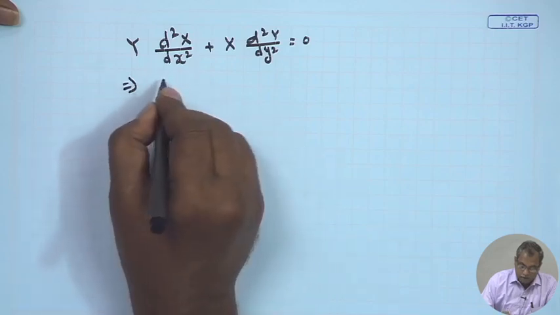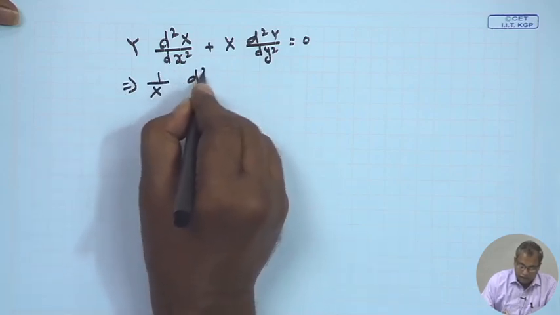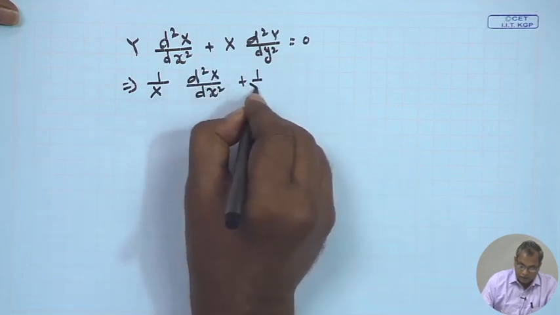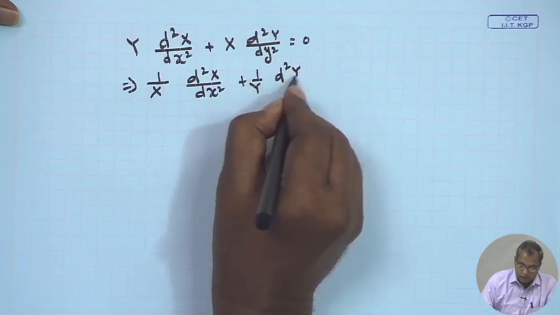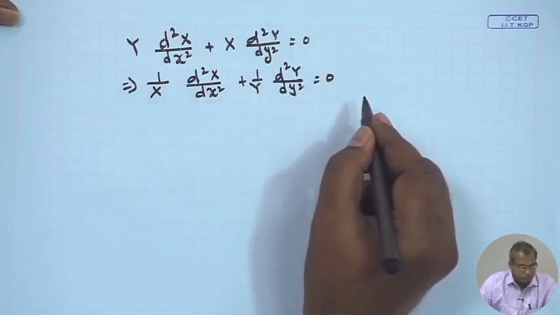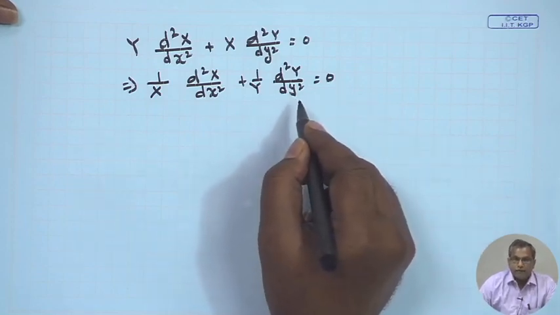We divide both sides by x y. So, we will be getting 1 over x d square x dx square plus 1 over y d square y dy square is equal to 0. So, we will be formulating a standard eigenvalue problem in the y direction, because the boundary conditions are homogeneous in that direction.